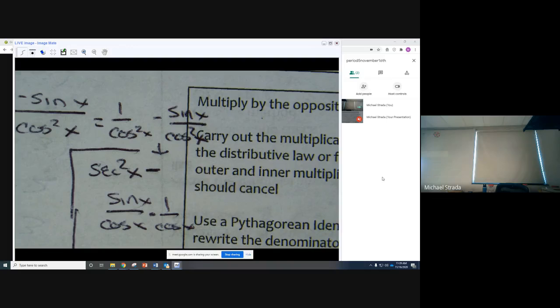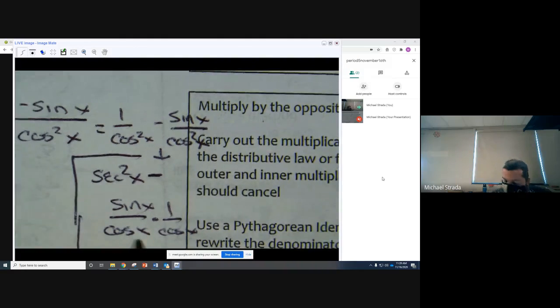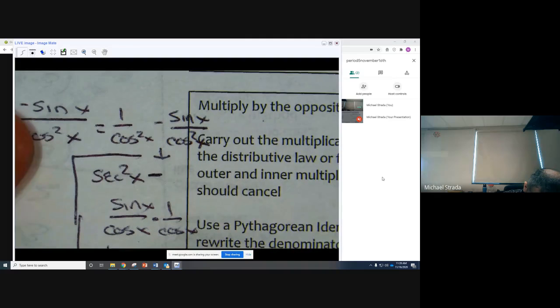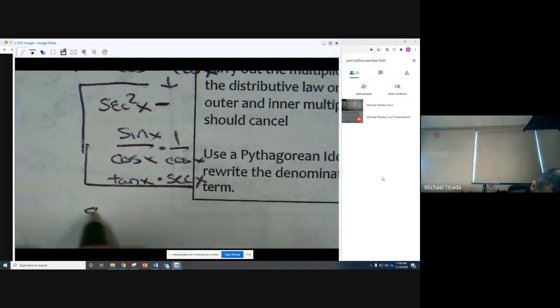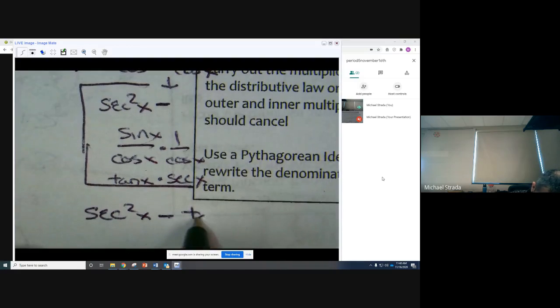All right? So, sine x over cosine x from the previous page is tangent x. So that's just tangent x. 1 over cosine x is secant x. So my final answer would be secant squared x minus tangent x secant x.